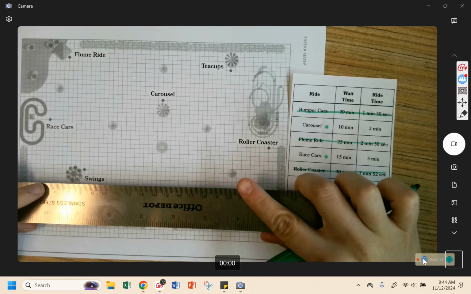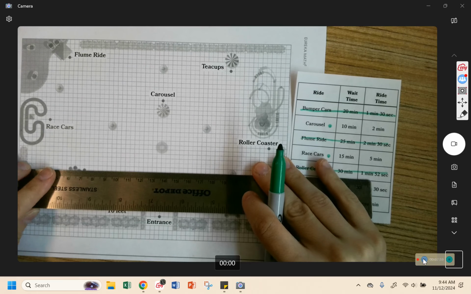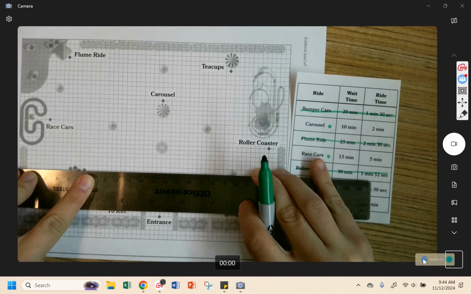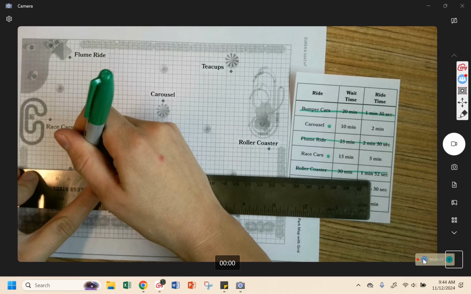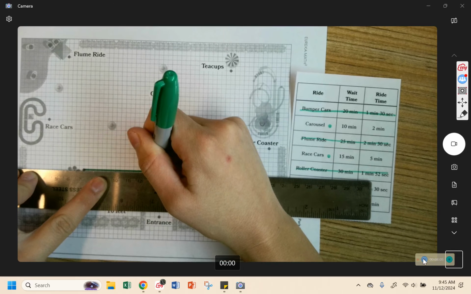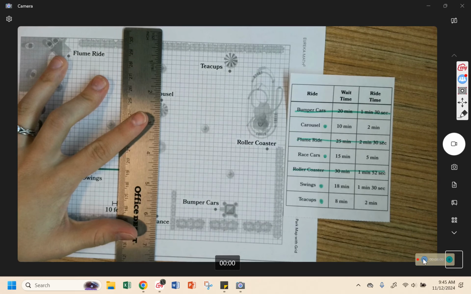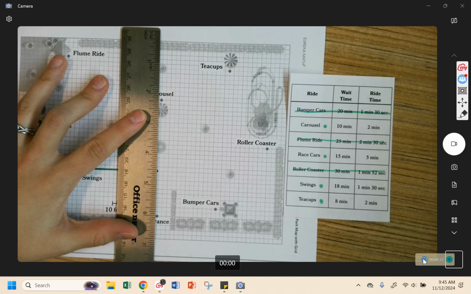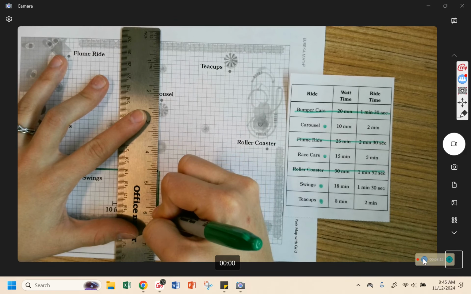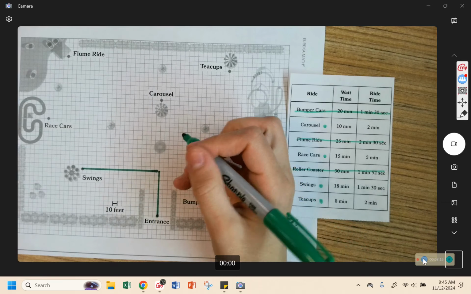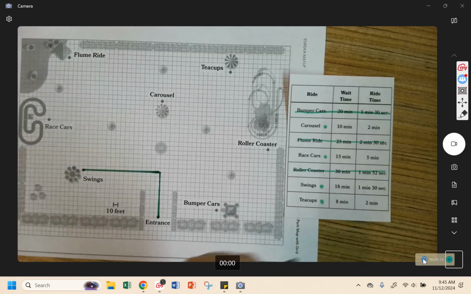Okay, so to get to the swings, alright, now I'm going to also keep track of how many feet this is to help me with my calculations about how fast I get from one place to the next.